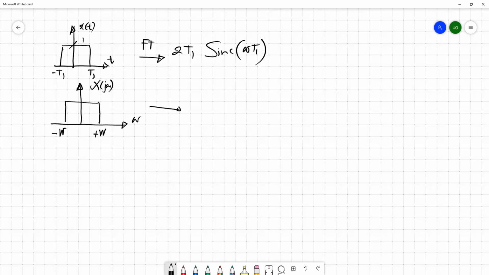And once you apply the inverse Fourier transform, we obtain this.